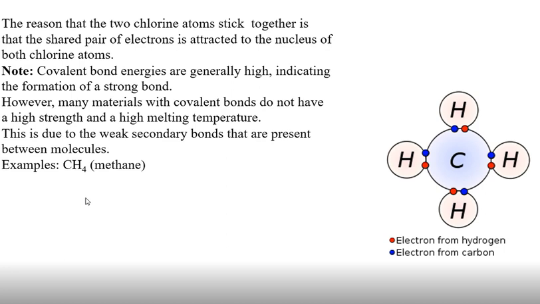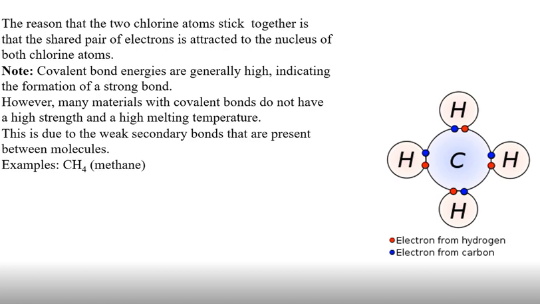So the reason that the two chlorine atoms stick together is the shared pair of electrons. Also you can see hydrogen is pairing with carbon, and that is called CH4. The shared pair is attracted to the nucleus of both chlorine atoms. So covalent bond energies are generally high, indicating the formation of a strong bond.